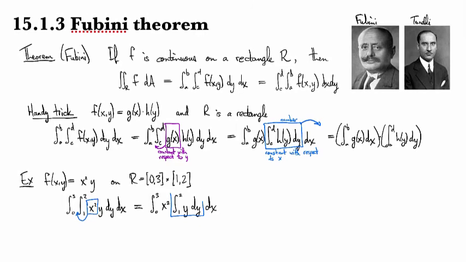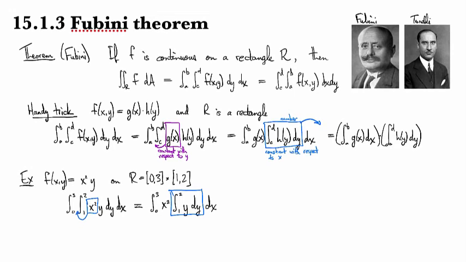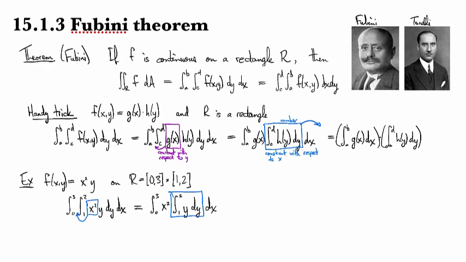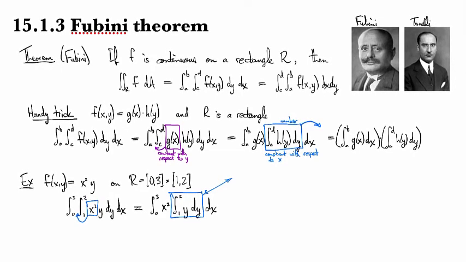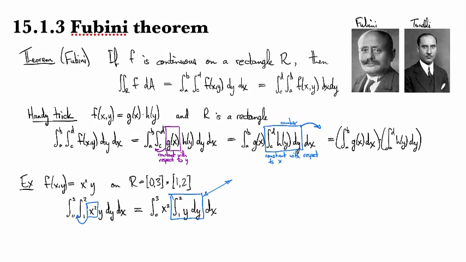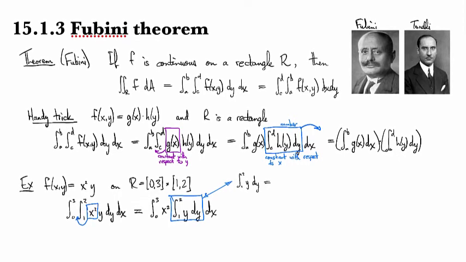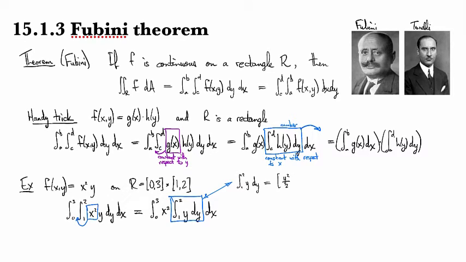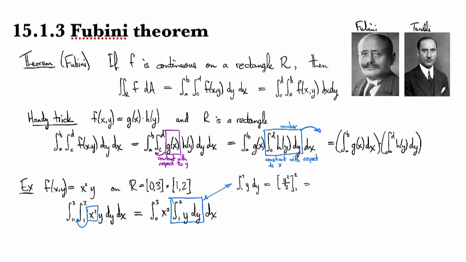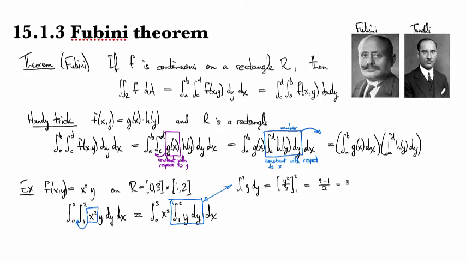And then we do this integral right here. I'm going to do it like this just to show you. A moment ago I told you that this thing in the blue box is a constant, and maybe that sounded fishy. Let me just work it out on the side here and show you what I mean. So the integral from 1 to 2 of y dy. We integrate this and we get y squared over 2, and then we evaluate it from 1 to 2, and we have 4 minus 1 over 2, which is 3 halves.